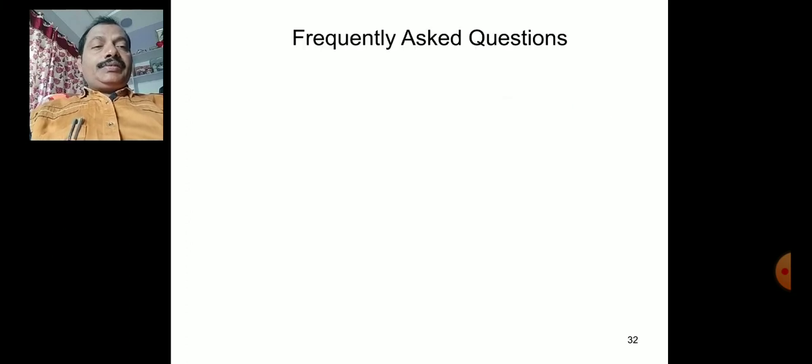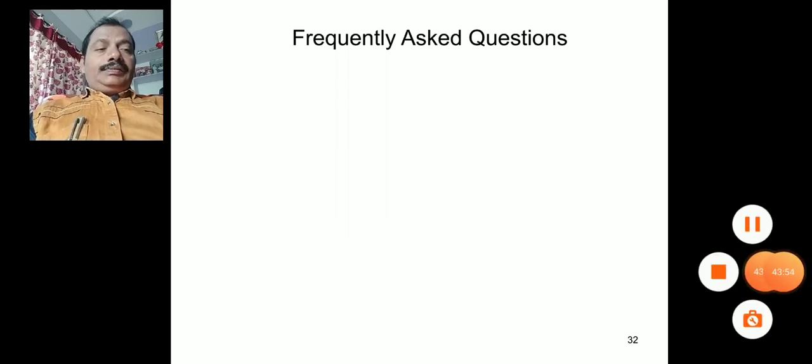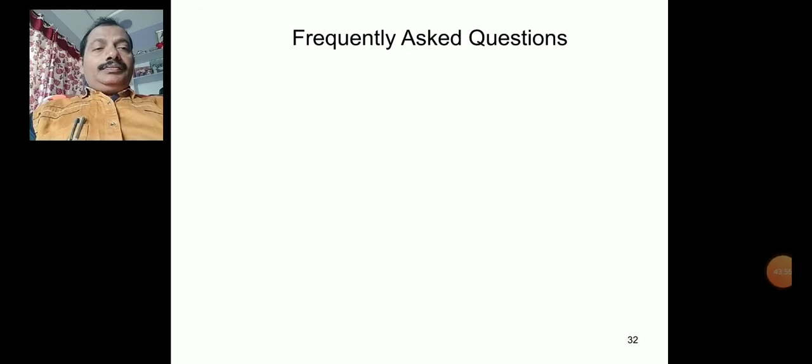So with this we have discussed all the magnitude comparators, 1-bit and 2-bit magnitude comparators. Now, these are the questions you have to prepare.